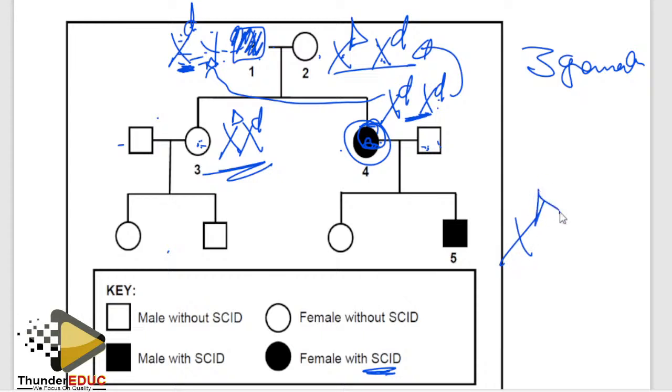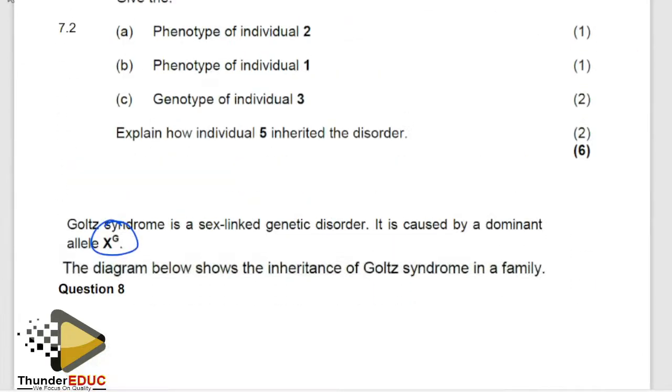So we're going to say that individual 5 is a male who is sick, and therefore obtained a recessive allele from the mother. You have to tell us that individual 5 is affected with this disorder and received one recessive allele from the mother, who is number 4. Therefore, I think that's how you can try to explain.